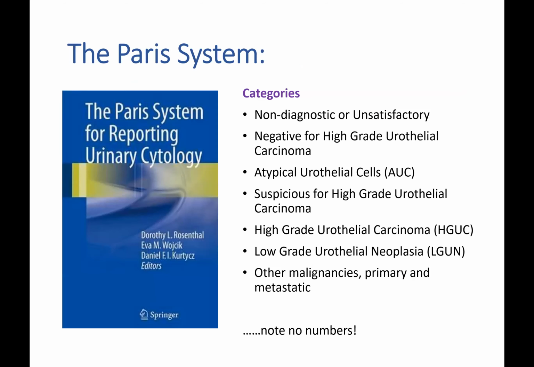The PARIS system has 7 diagnostic categories: non-diagnostic, negative for high-grade urothelial carcinoma, atypical urothelial cells, suspicious for high-grade urothelial carcinoma, high-grade urothelial carcinoma. There's also a category for low-grade urothelial neoplasia and one for other malignancies, which may be primary or metastatic.